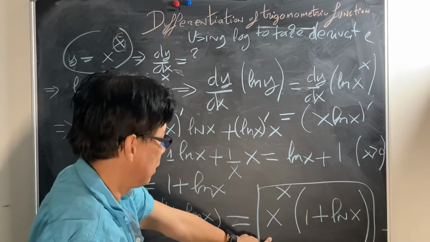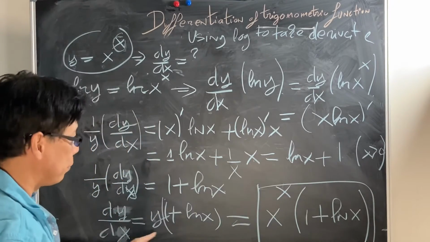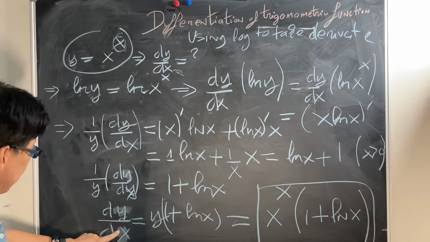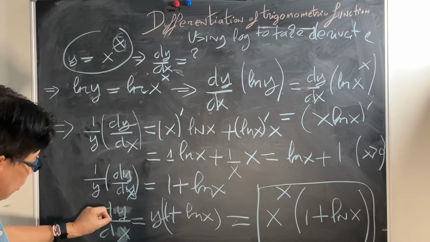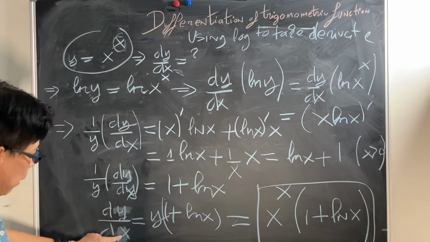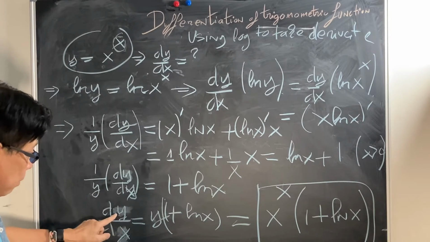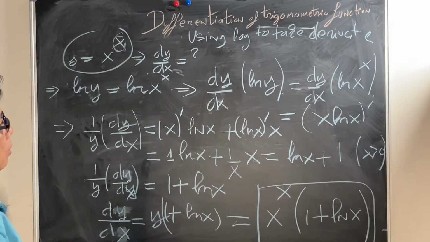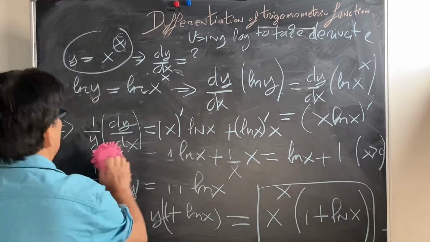Remember, dy over dx means the derivative of y with respect to x. This is different from the derivative dx over dy. Okay, let's find another example.